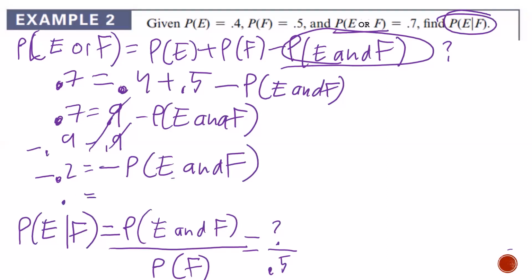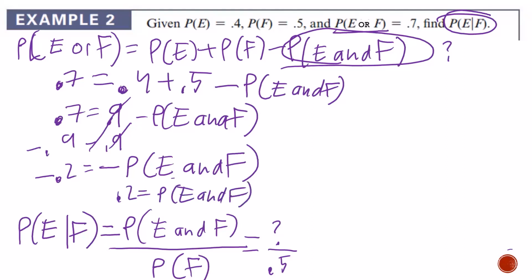Or multiply by negative, same thing in this case. And remember, when you multiply by a negative or divide by a negative, you're dividing by negative 1, same thing. Absolutely. That gets me that 0.2 is E and F.